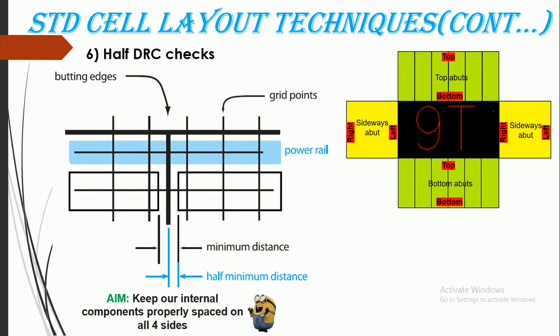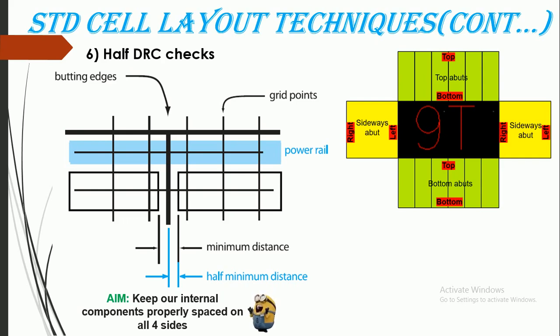If you are not following this four sides rule at the top level, you will face serious issues while integrating. Even though in my block level we are not facing any DRC issue, while placing two cells next to each other we will face some issues if we are not following half DRC rules.